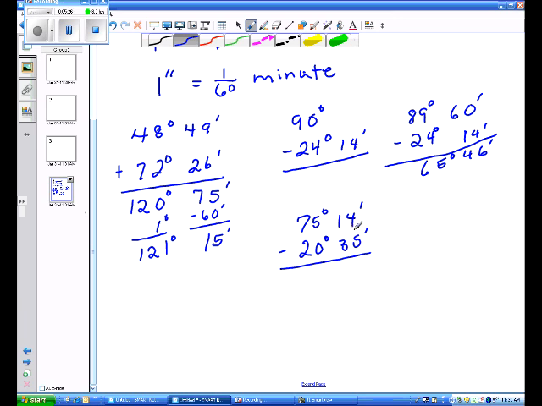We didn't have enough minutes there to subtract. So again, we're going to have to rename. We're going to take one of those degrees, so we'll have 74 degrees left. That one that we renamed is now 60 minutes. Well, we already had 14 minutes, so that gives us a total of 74 minutes.